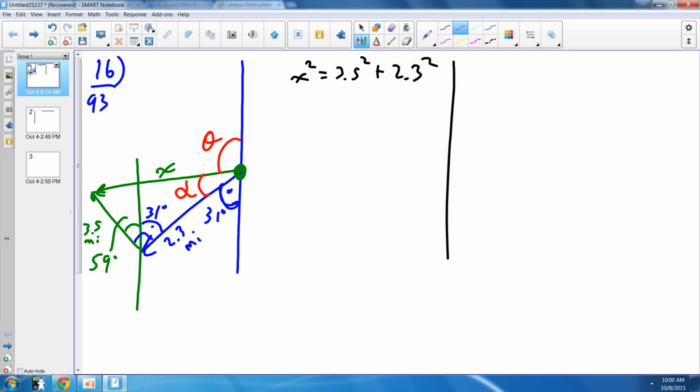Therefore, to find out what alpha is, I'm using tangent because it's opposite over adjacent. Tangent alpha is equal to 3.5 over 2.3, and therefore you do the inverse function to solve for that. Then you could find out what your theta is equal to, and then you can write down the bearing, either off the north end or off the south end, depending on if it's less than 90.